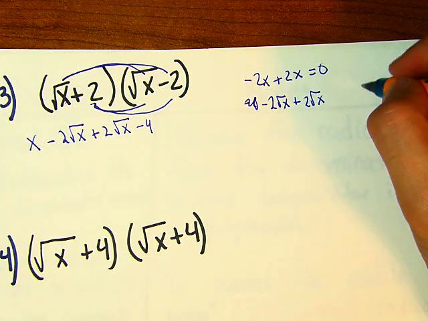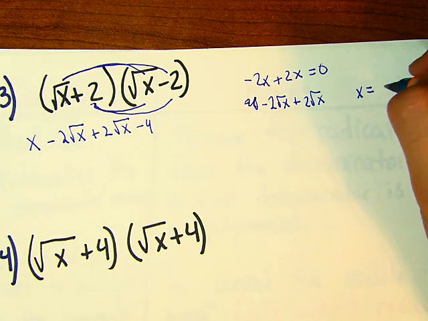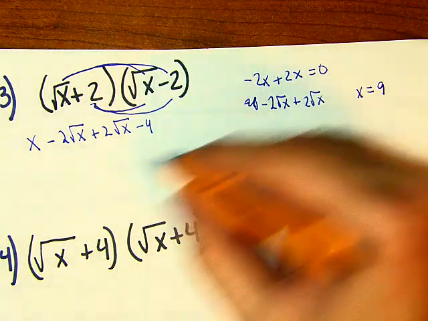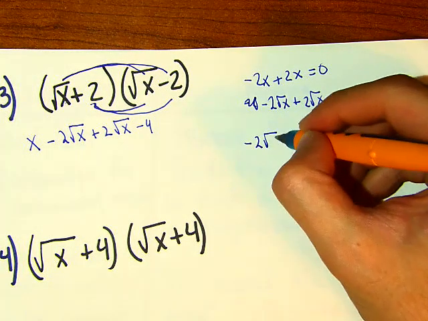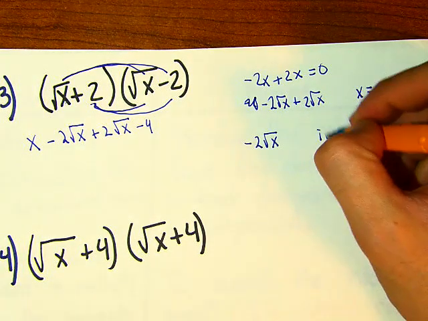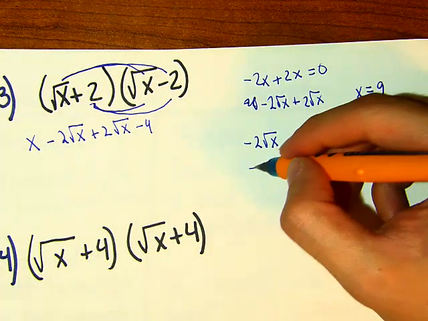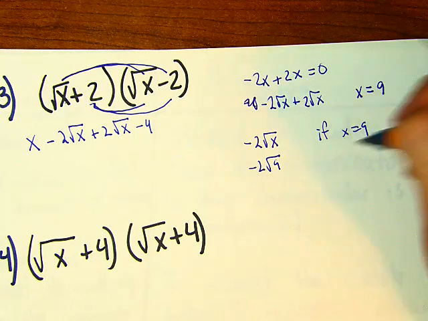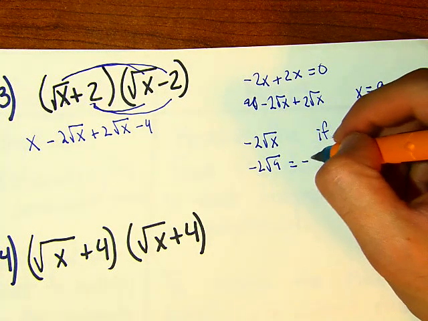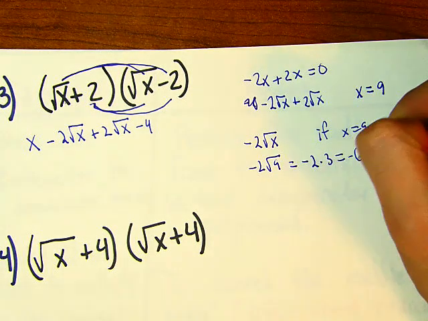Let's say x is equal to, I don't know, 9. Well, let's evaluate that. What is minus 2 square root of x if x equals 9? Well, that's equal to minus 2 times square root of 9. So that's equal to minus 2 times 3. So that's equal to minus 6.